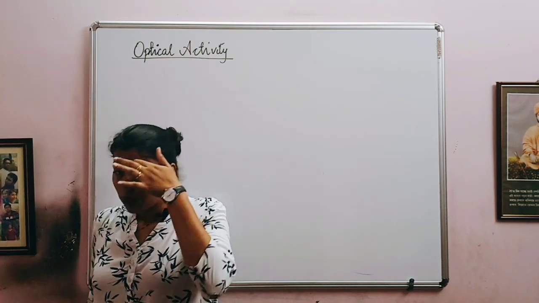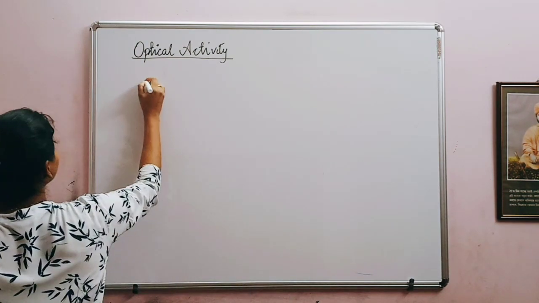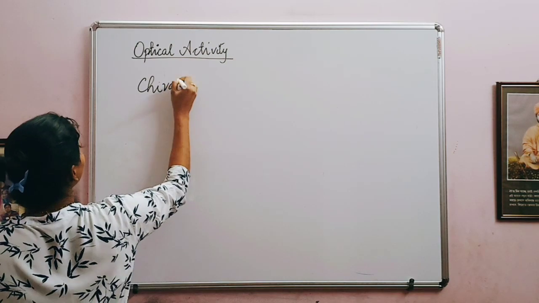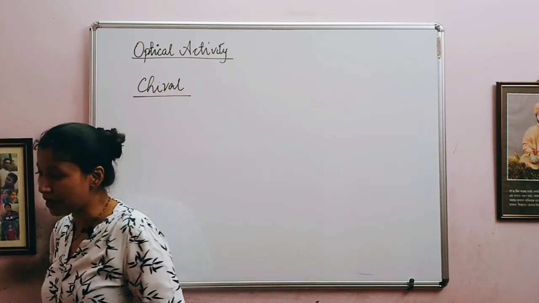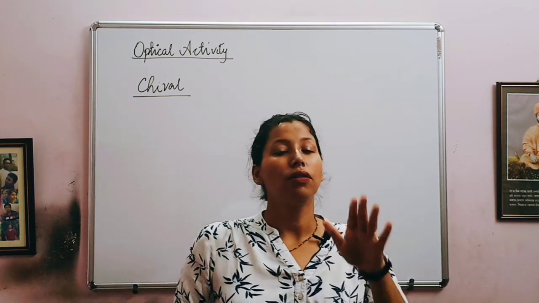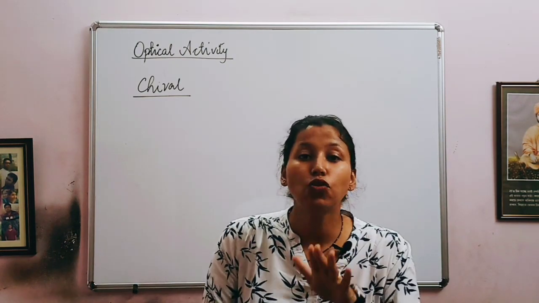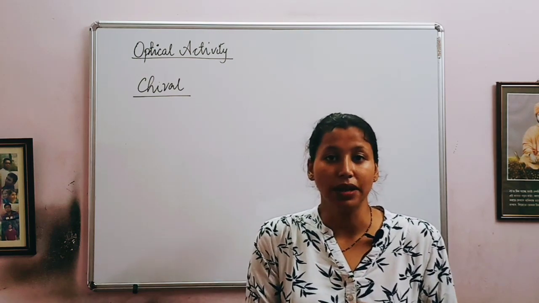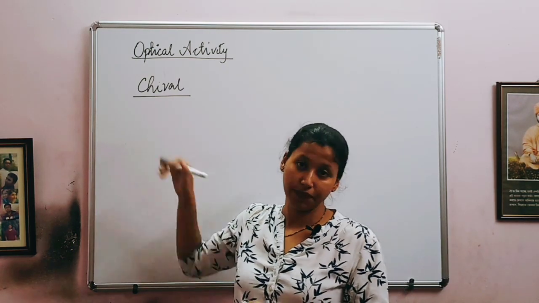Now, there is one term, chiral. What is the meaning of the word chiral? If your object is not superimposable on its mirror image, we will call it chiral.